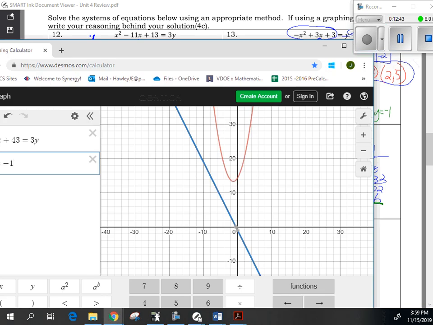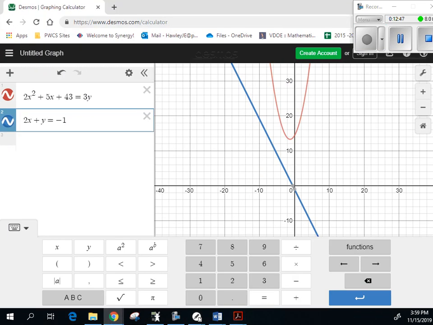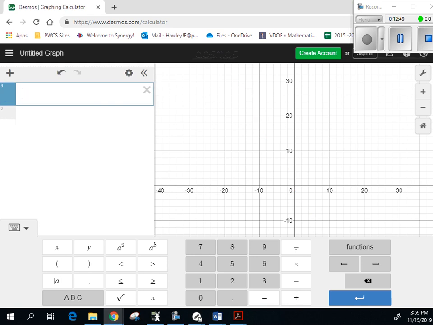All right. So let me put this into the graphing calculator so you guys can see. This is x squared plus 6x plus y equals 4.